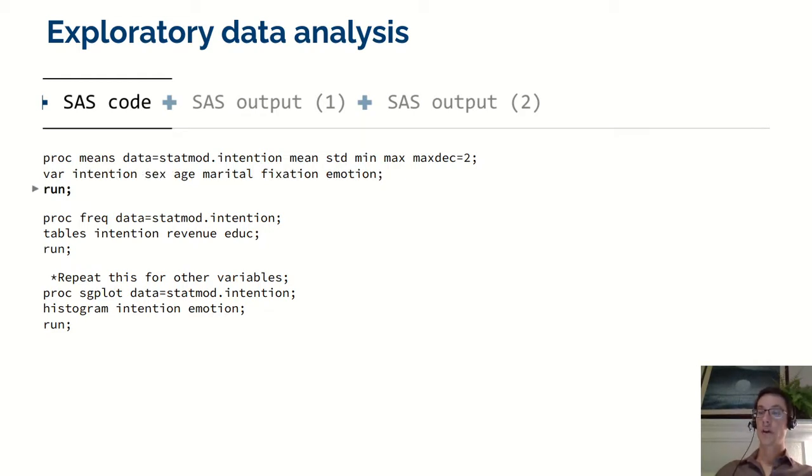The second chunk of code is asking for a frequency table. We know that some of those variables, including our response intention, are discrete or categorical, so it makes sense to see what the counts are.